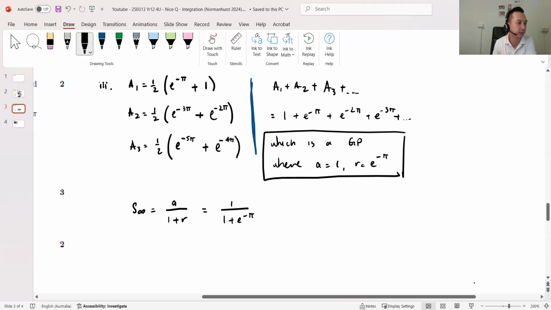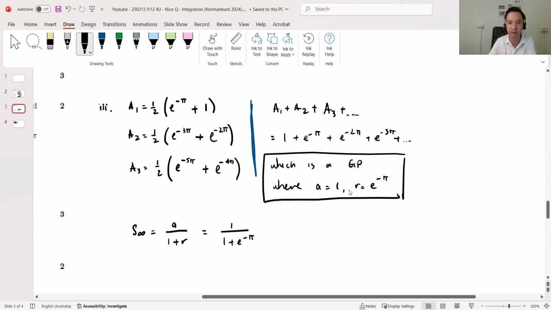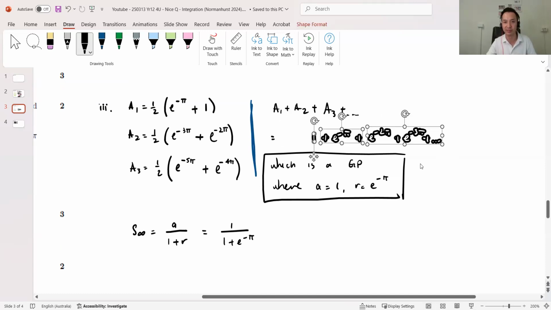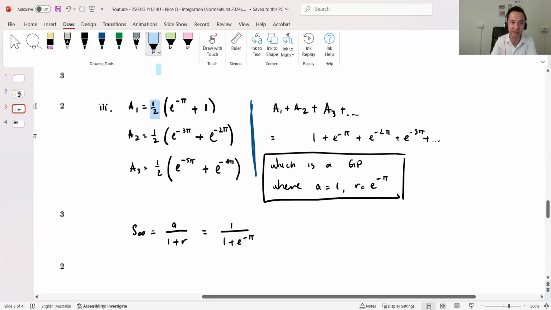Oh, sorry. My bad. The reason why it's halved is because when they sum this, there's like, see all these halves here? Yeah, okay, cool. Yeah, perfect. So therefore, you get that.